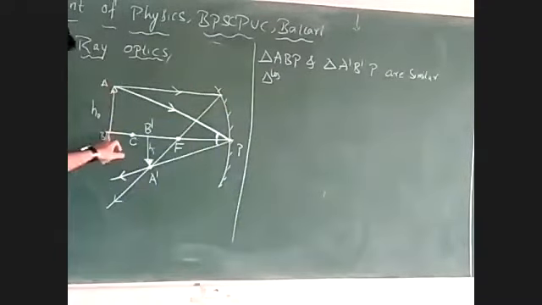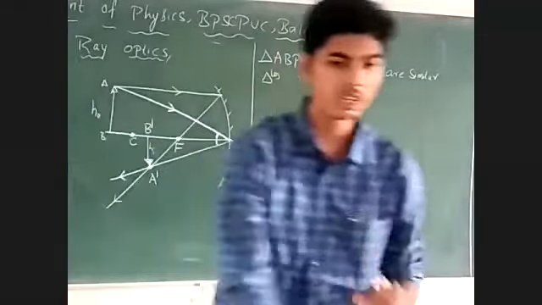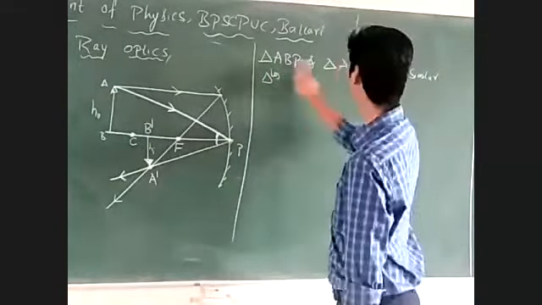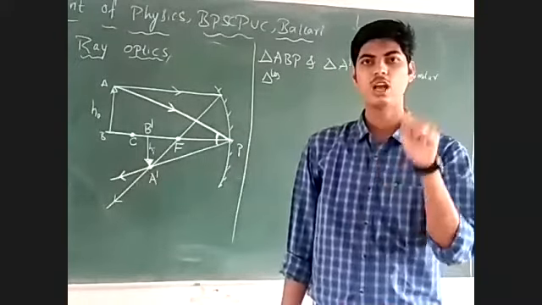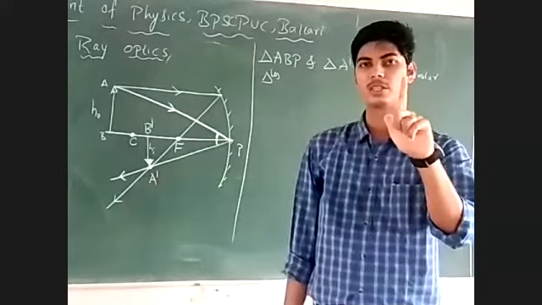If you have a triangle, you have to choose one. You have to go to A B P and A dash B dash P, right? Because these two triangles have both object as well as image.